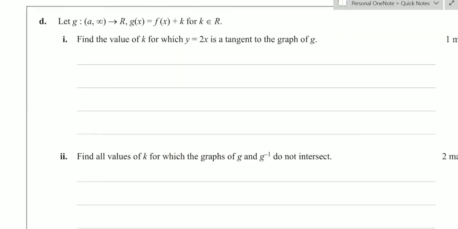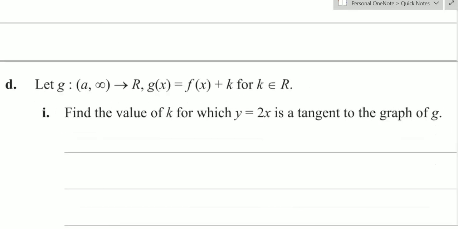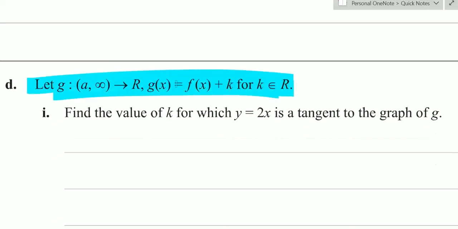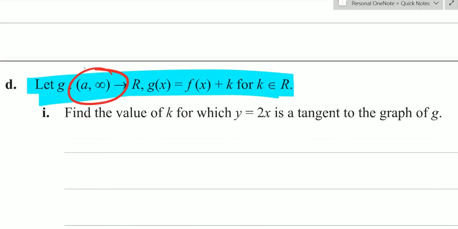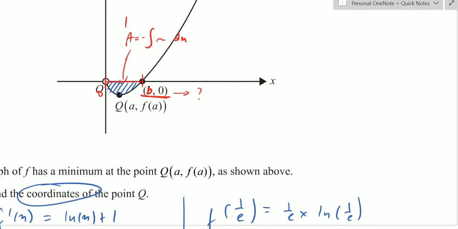So part D, find the value, you have a new graph. It's just being translated up by k, and it's defined from a to infinity. So we no longer have this part of the graph. This part of the graph doesn't exist. It's just a line like this now.